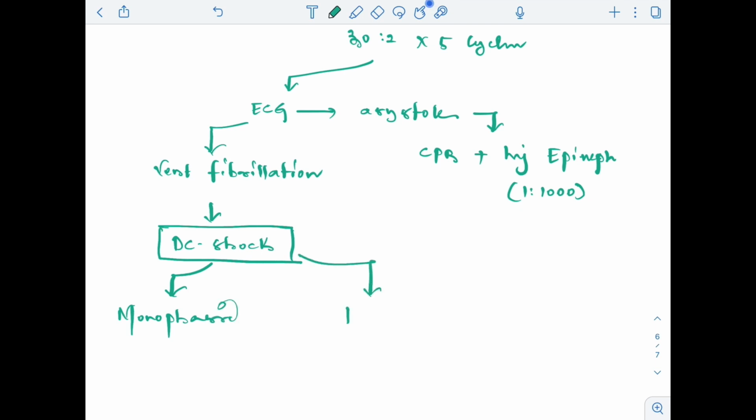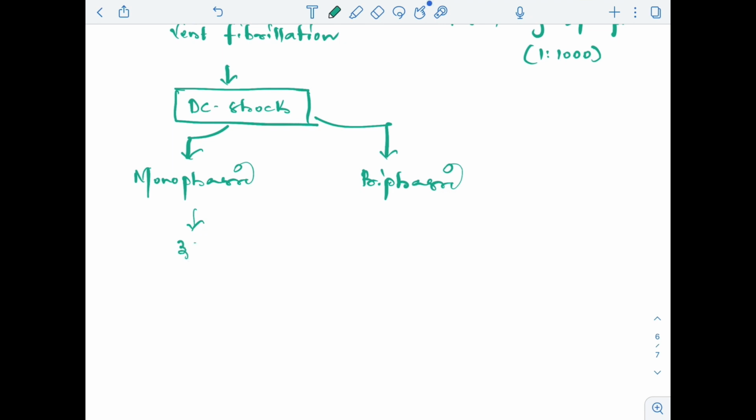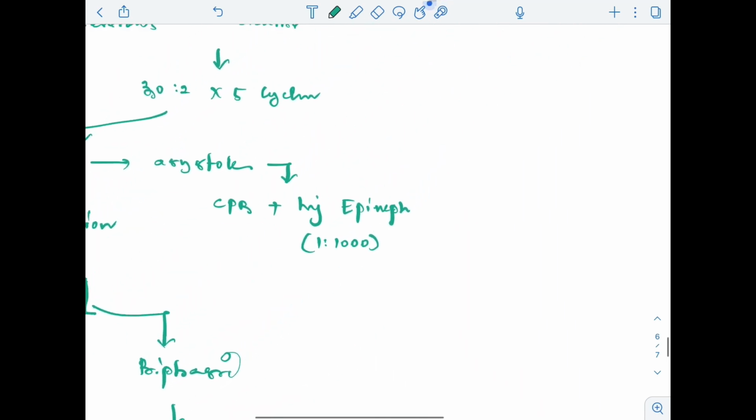The dose of monophasic DC shock is 360 joules. For biphasic, it can be given from 120 to 200 joules.